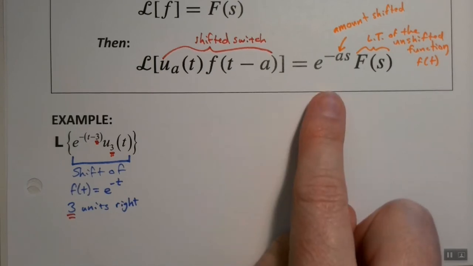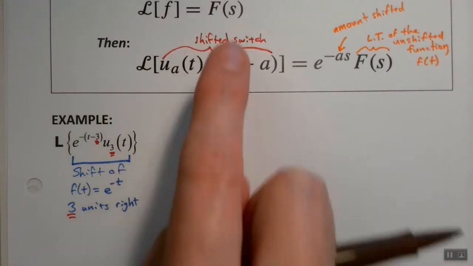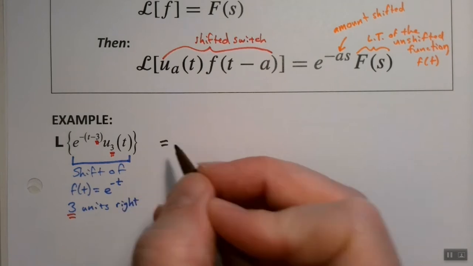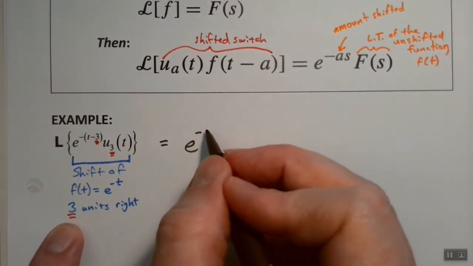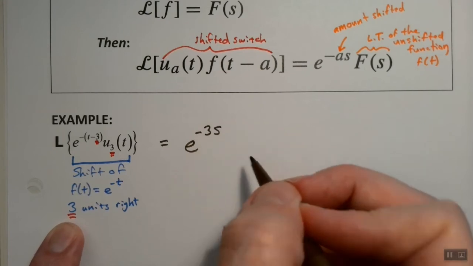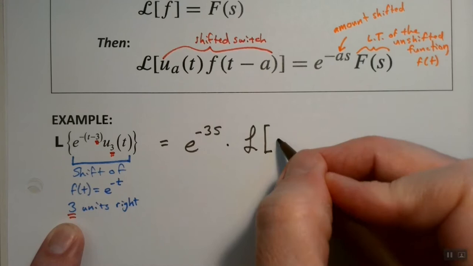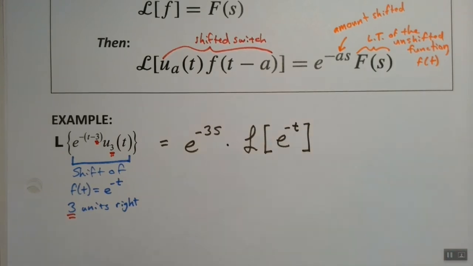If we know the Laplace transform of the unshifted function, we have to write this thing as e to the negative 3s times the Laplace transform of e to the minus t. That's the unshifted function, right?